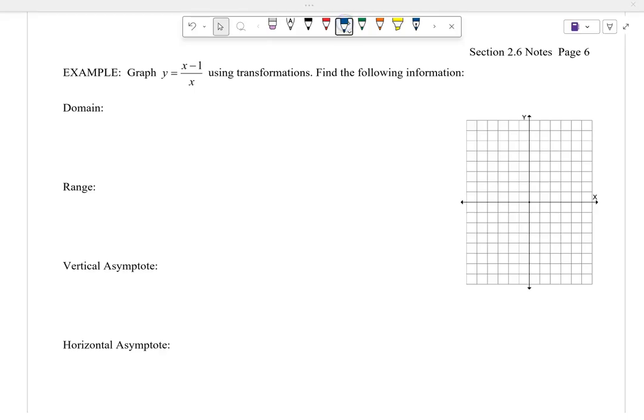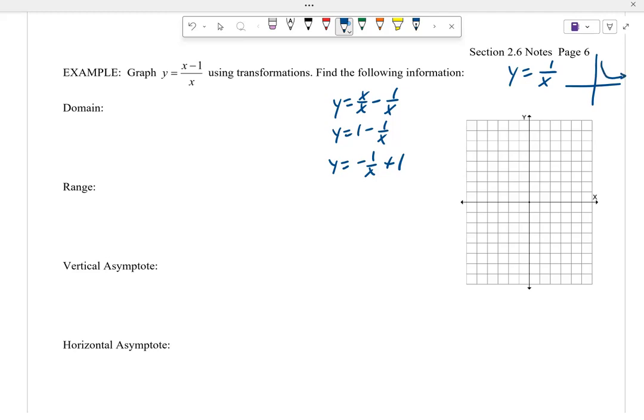All right, if I was doing this with transformations, I would think about this as 1 minus 1 over x, in other words, negative 1 over x up 1. Here's y equals 1 over x like this. The negative would reflect it about the x-axis, so now it would be like that.